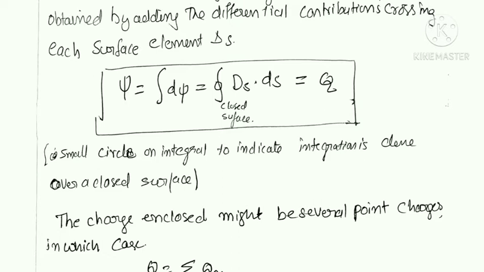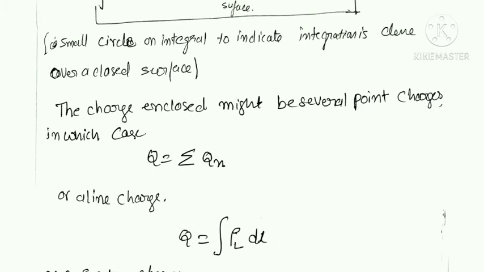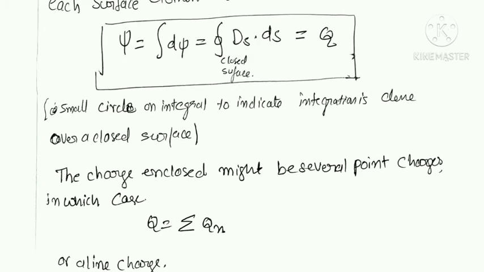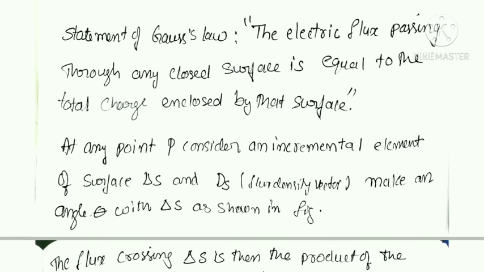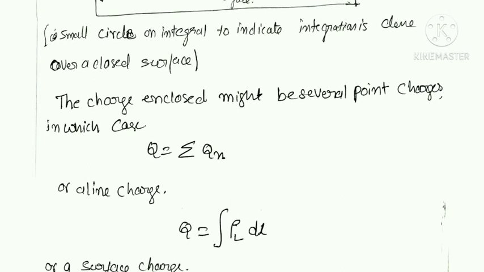If we integrate over a complete surface, then as per Gauss law it is equal to Q. The value of psi is the surface integral of D dot dS, the dot product of flux density and differential surface, which is equal to Q. If the enclosed charge is a group of point charges, then the total charge is given by the summation of these charges.